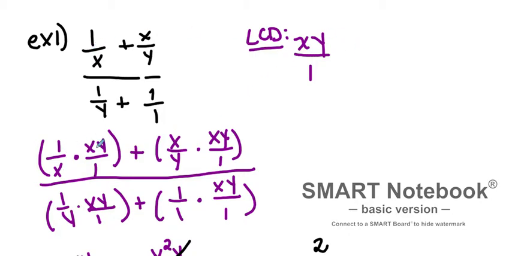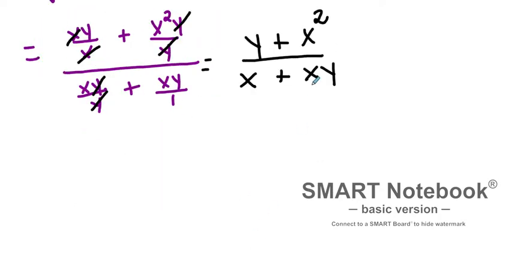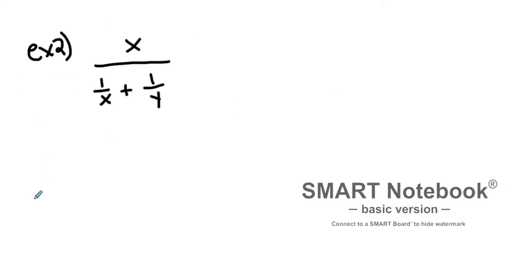So 1 over x got multiplied by xy over 1, xy got multiplied by xy over 1, 1 over y got multiplied by xy over 1, and 1 over 1 got multiplied by xy over 1. And if you do this correctly, you should end up with an answer that doesn't have fractions in the numerator or denominator. Okay, let's go on to example 2.